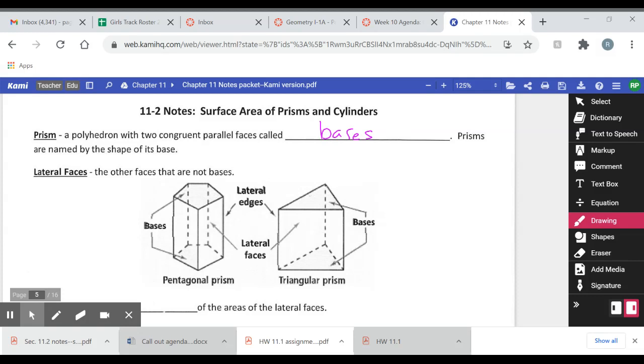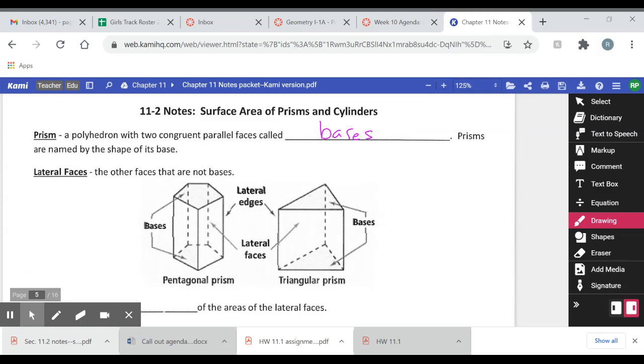Keep in mind, though, that sometimes the prisms are laying on their side. Sometimes they're vertical, like we see here. And sometimes people mess up what the base is because they think the base is always the bottom of the figure. So if this triangular prism was on its side, people might say the base is a rectangle, but that wouldn't be true because there are not two parallel rectangles that don't touch each other.